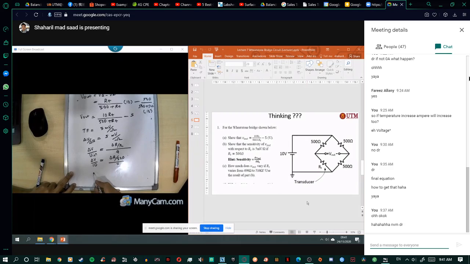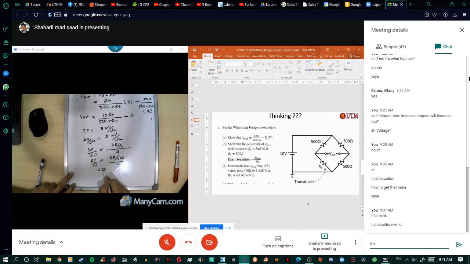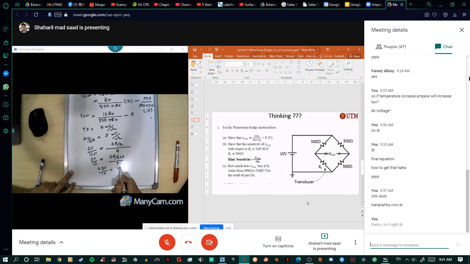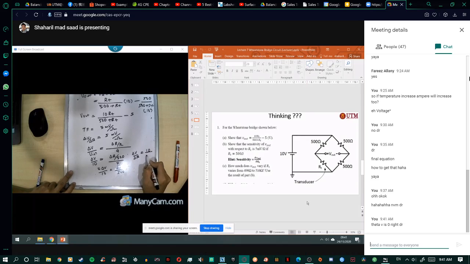Now you can get what is it? Delta V over V in equal to delta R over R. So 4 delta V equal to 10 delta R over 500. Okay. Now you can times 10, 500 times by 4.